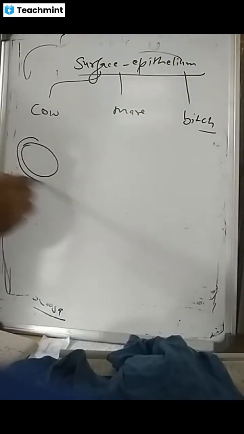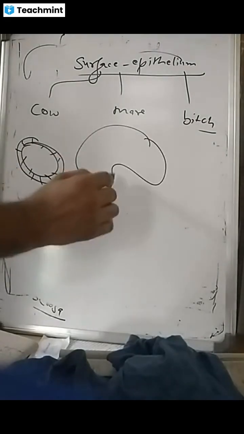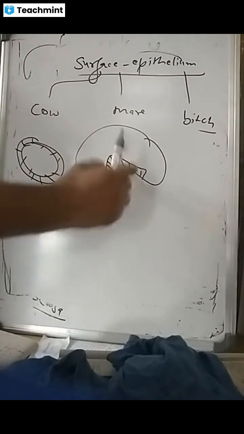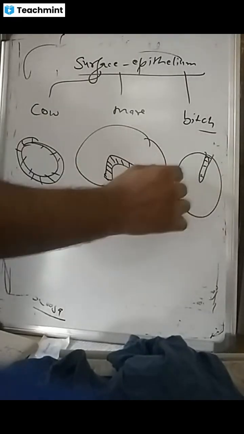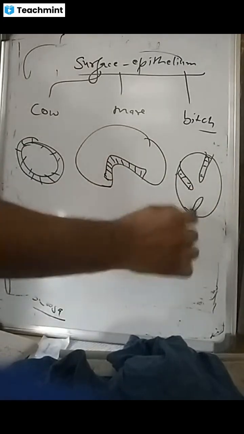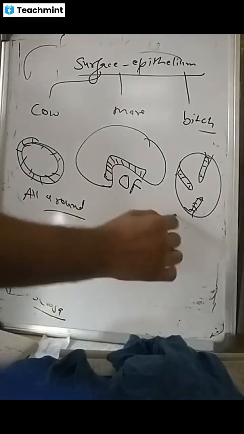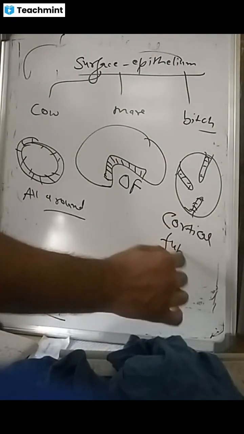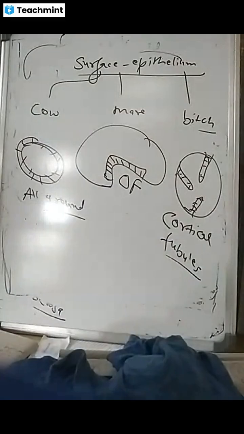In case of cow, it is all around. In case of mare, it is present here at the ovulatory fossa. In case of bitch, it is invaginated, called cortical tubules. These are the species differences in the epithelium.